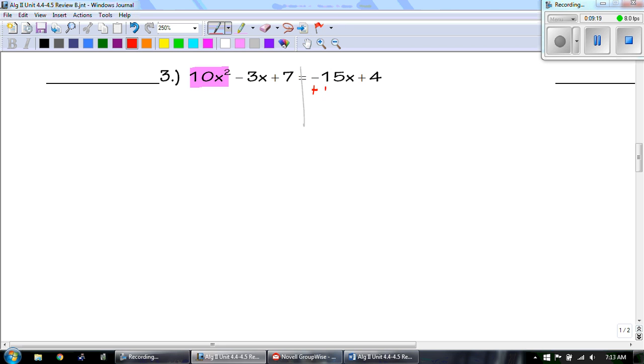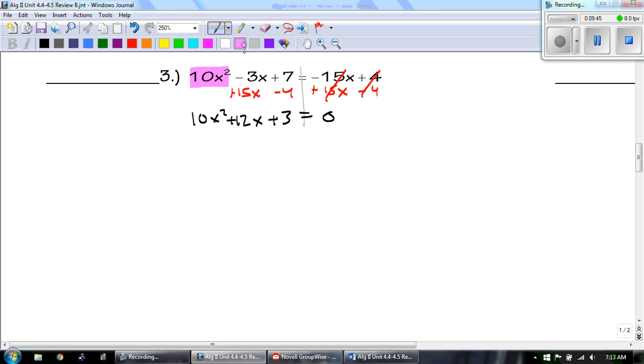Now I'm just going to add the 15x and subtract the 4. We get 10x squared, negative 3 plus 15 is a positive 12x plus 3.